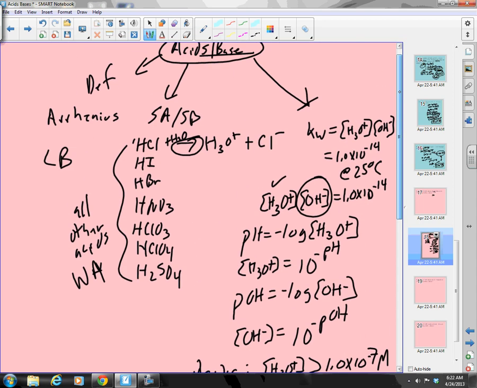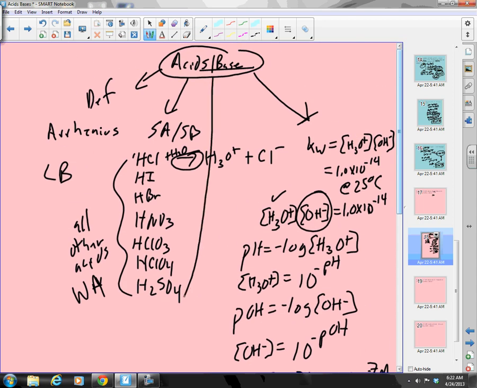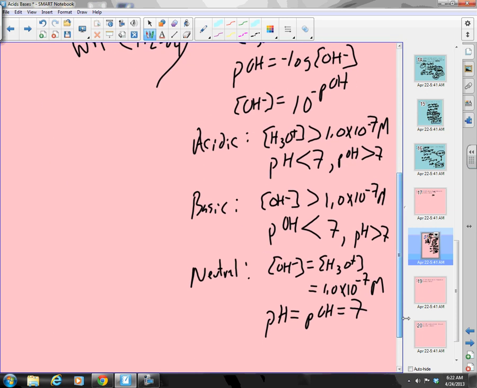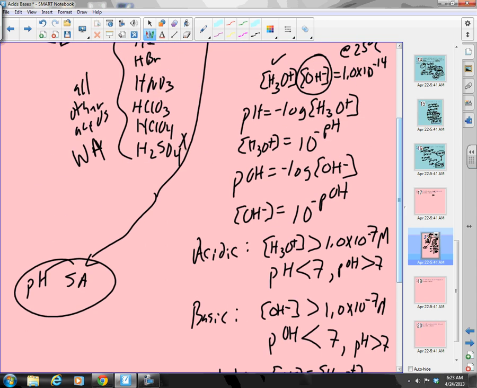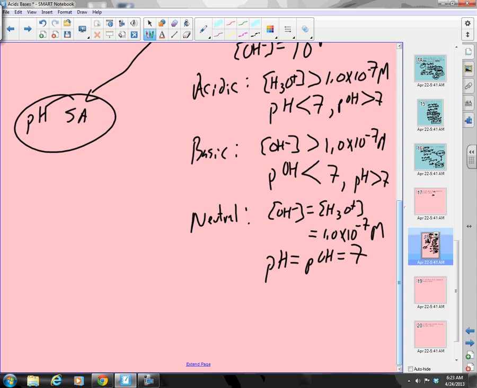Now, we want to add something here, right? We're going to come down here and say, how do I figure out, and this is really coming out of our pH, how do I figure out the pH of strong acids? Well, it's really quite simple, because for my strong acids, with the exception of sulfuric acid, okay, this one's a little different, but with the others, they're all what we call monoprotic.